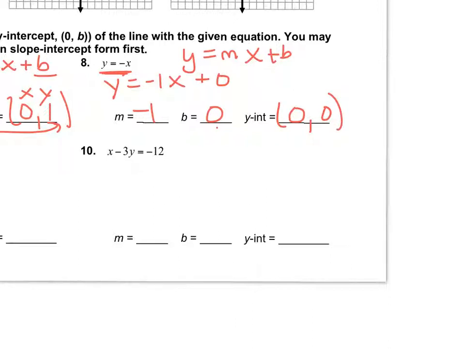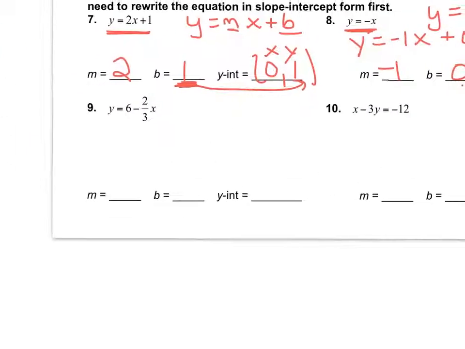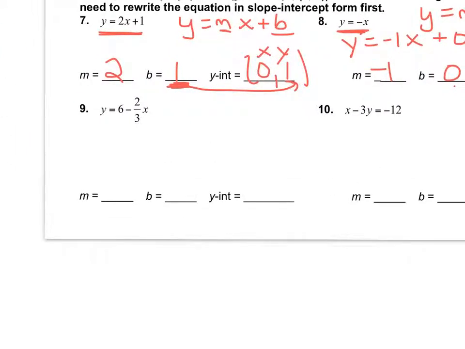All right, let's look at number 9. Number 9 is written backwards. Write it down: y equals 6 minus 2/3 x. It's not in the form that we need it to be in. We need it to look like y equals mx plus b. You can see that this negative 2/3 is after the 6.